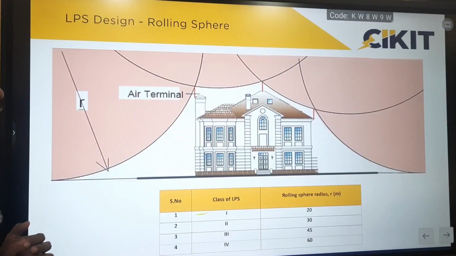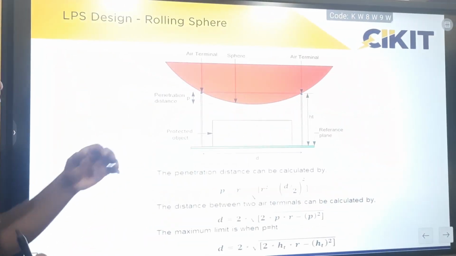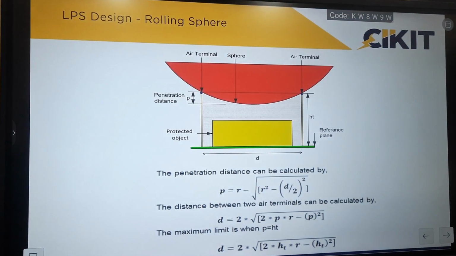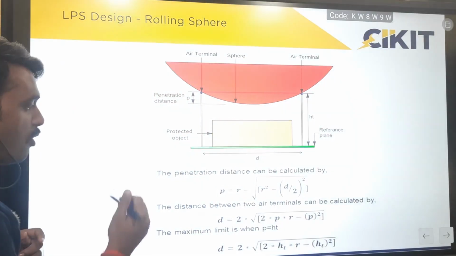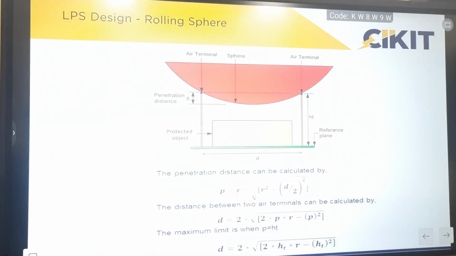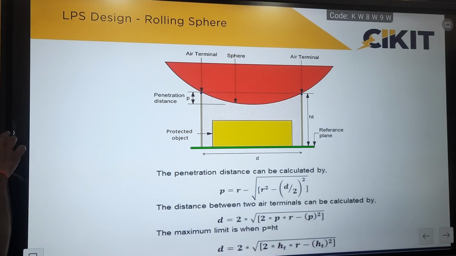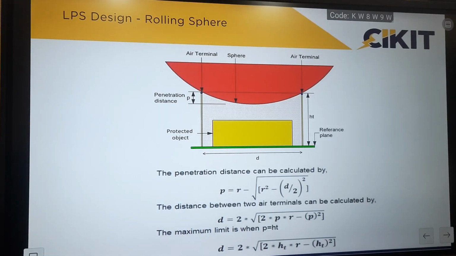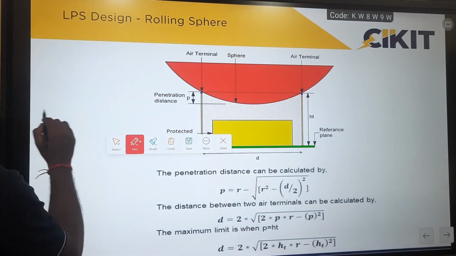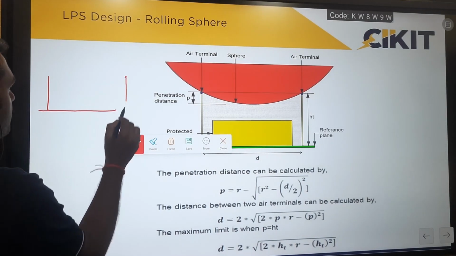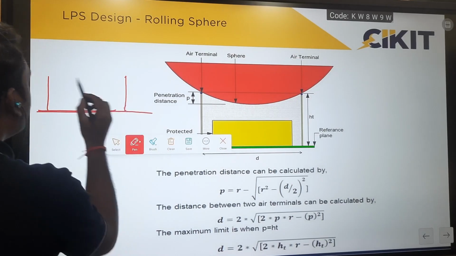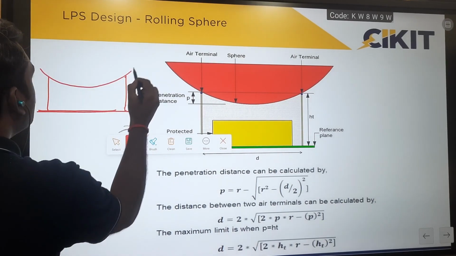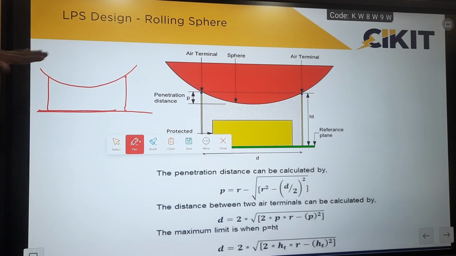So the standard has provided a formula for performing these calculations. We need to ensure that the sphere does not make contact with the structure. If we increase the distance between the air terminals, then at one particular point the sphere will make contact with the structures. If you take any two air terminals and a sphere is placed over them, then definitely some portion of the sphere will come below the level of the air terminals.